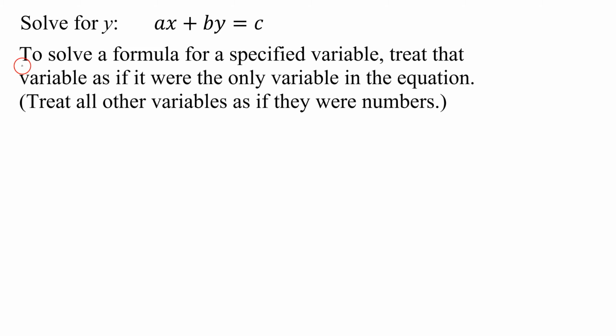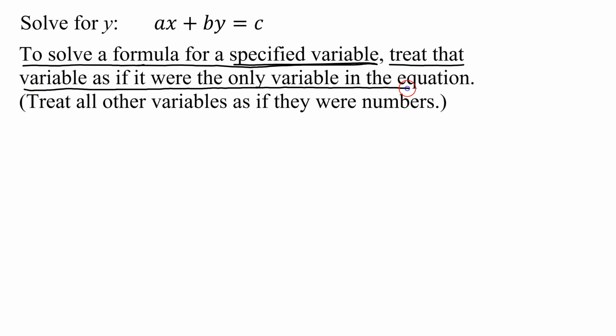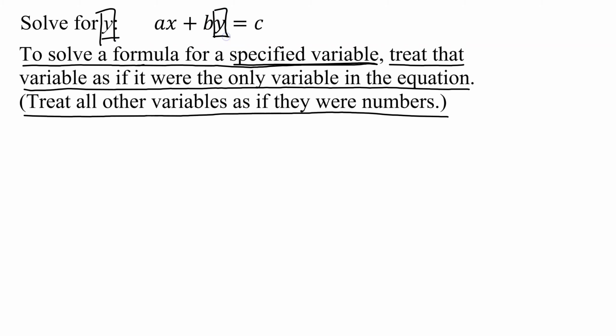Well, to solve a formula for a specified variable, we treat that variable as if it was the only one in the equation. We treat all other variables as if they were numbers. So notice I'm trying to solve for y, which is right here.